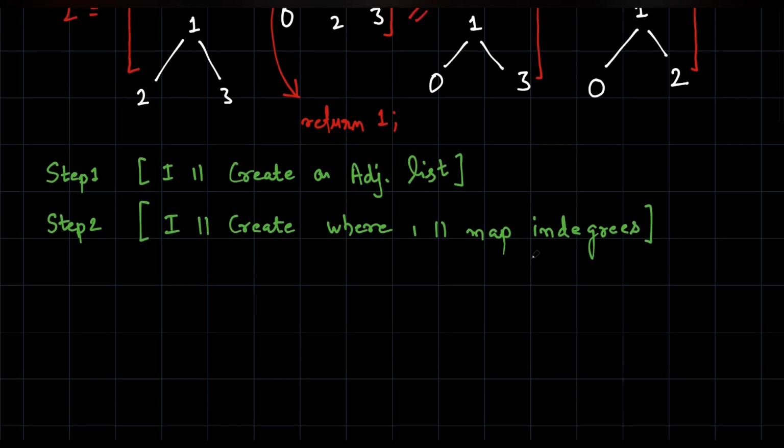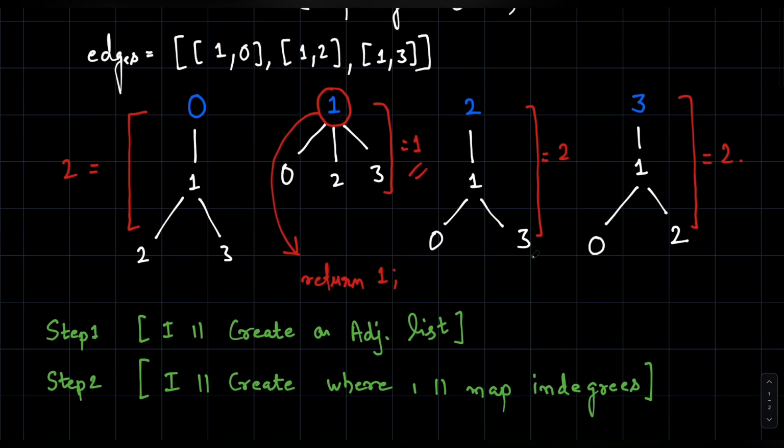So in this one there is only one incoming node. In this one there is only one incoming node. In this one there is only one incoming node, but here in this one there are a total of 3 incoming nodes. So the node with the largest number of incoming nodes is the one that can connect with most of the leaf nodes, or most of the nodes.